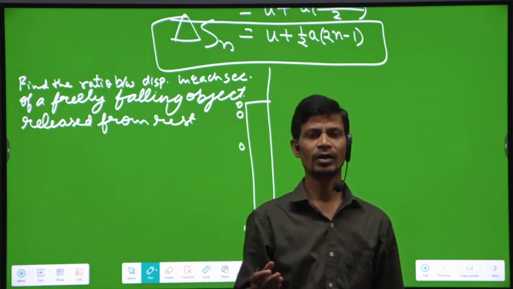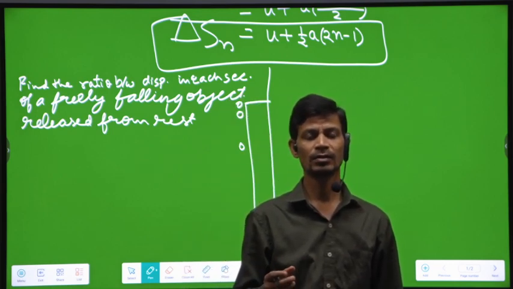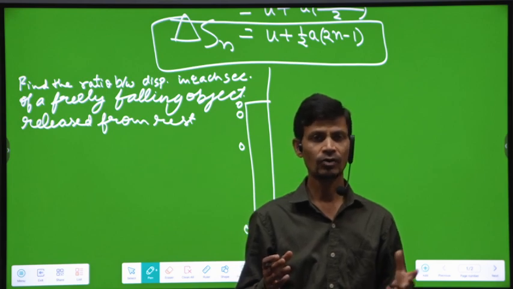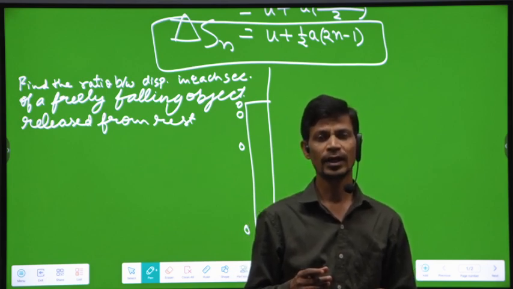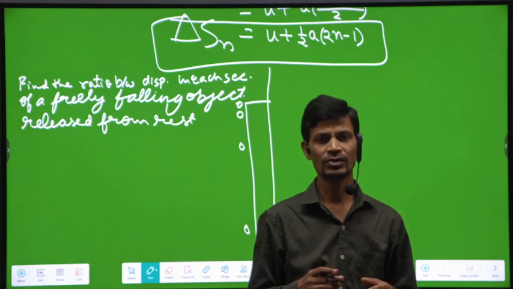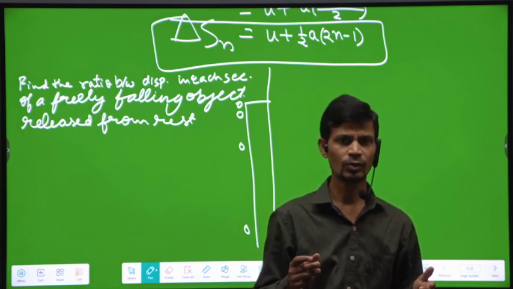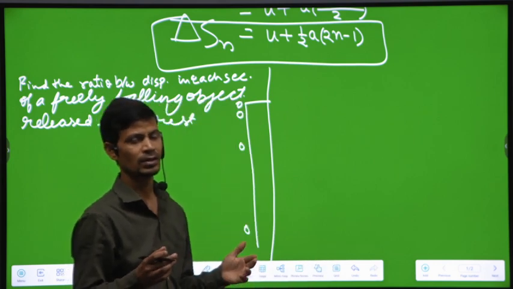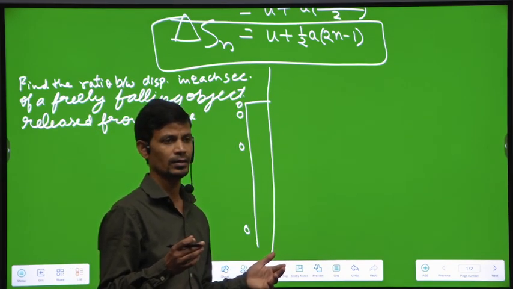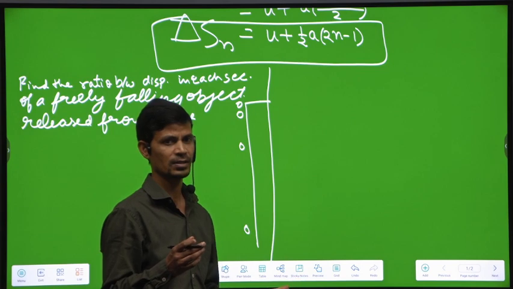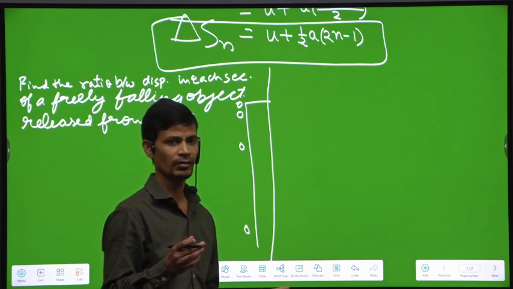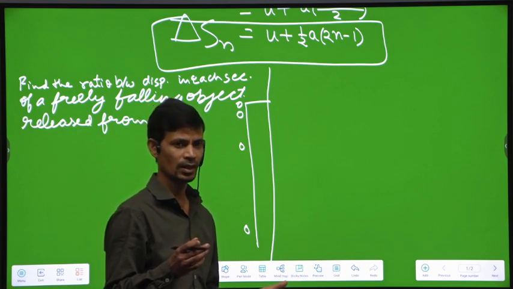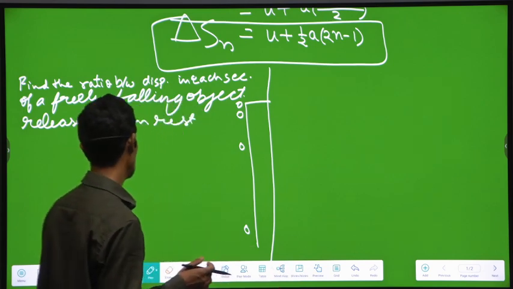Then you can drop a ball and record its motion, and if you slow it down, you will come to know that initially the ball travels less distance, then in the very next instant it is traveling more distance, then next it is covering even more distance.